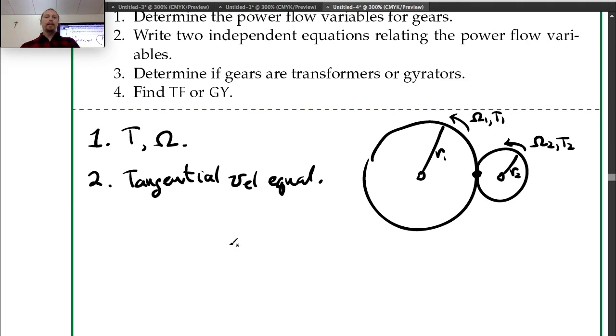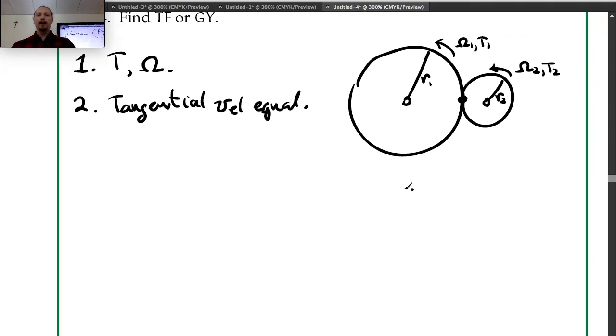So does that mean the velocity between each gear has to be equal? Yeah. So I'll make a little larger diagram of just that interaction. That means that right here, the tangential velocity of both of them should be equal.